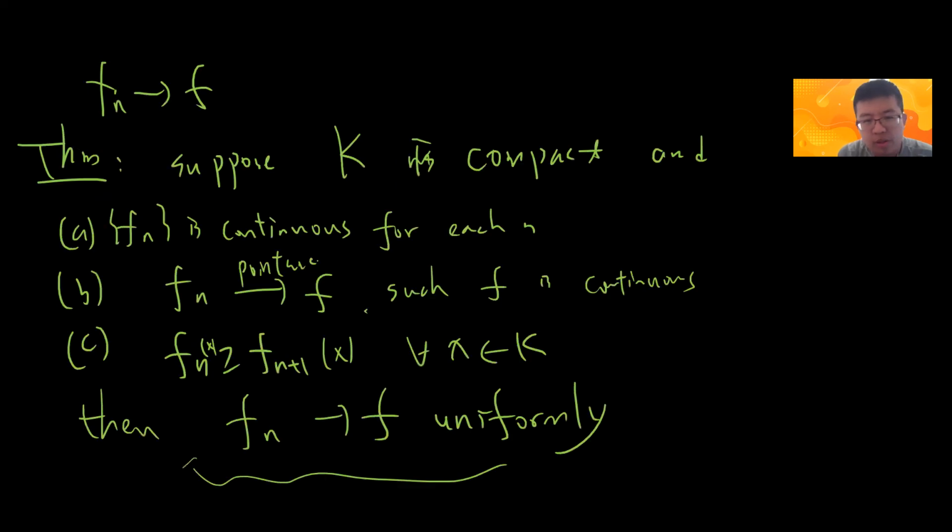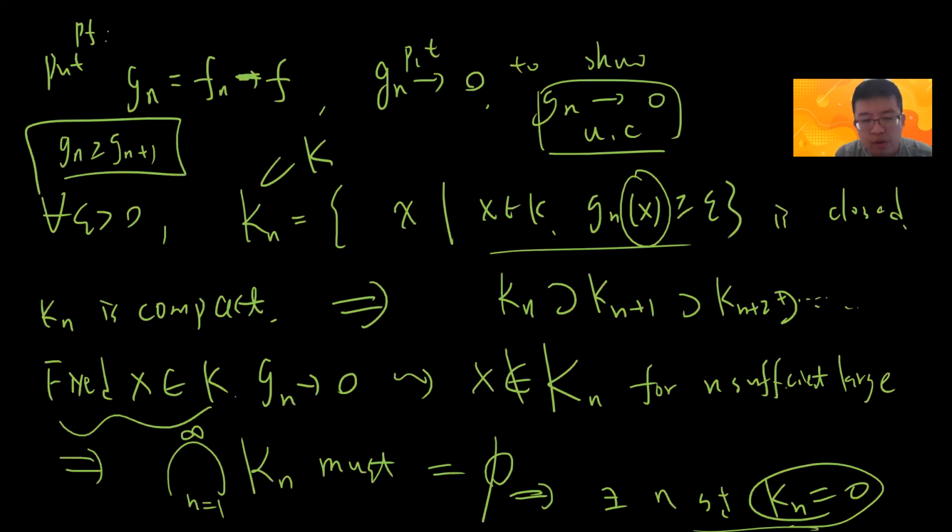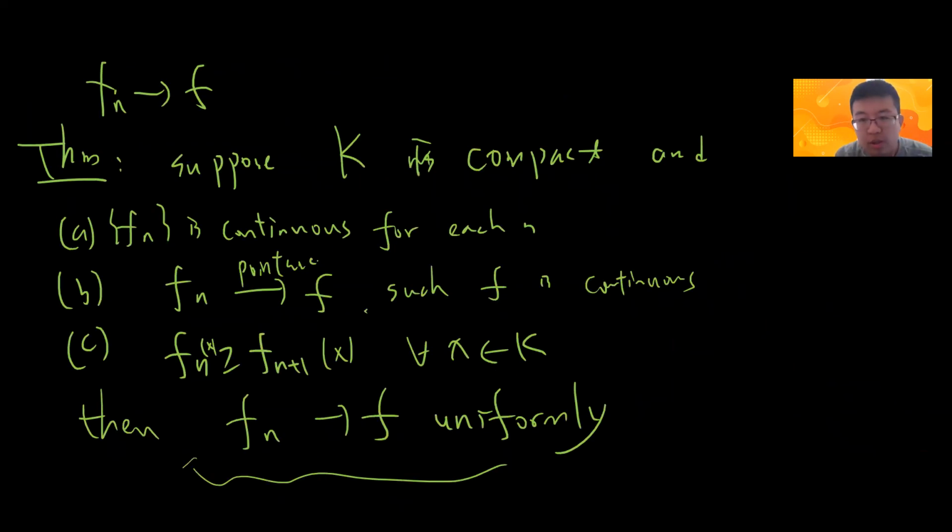But basically this is the setting. Next video we can talk about equicontinuity and the Arzelà-Ascoli theorem, which I think is the most powerful theorem in this chapter on uniform convergence. See you guys in the next videos.